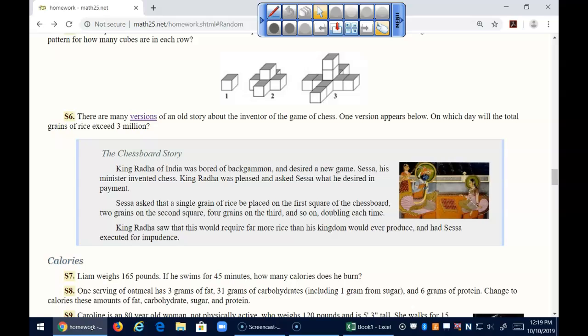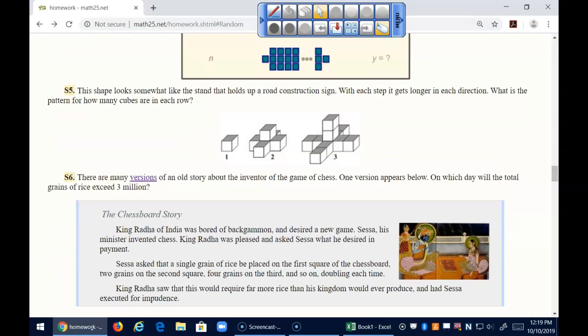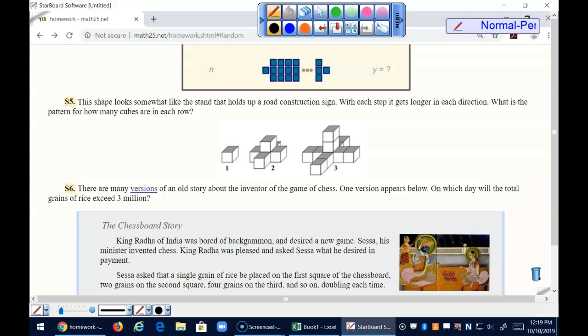That one. Which one? With the cubes. The cubes. Okay. So for the cubes, we want to make a table.